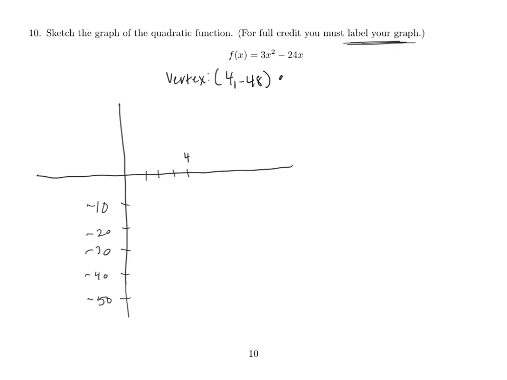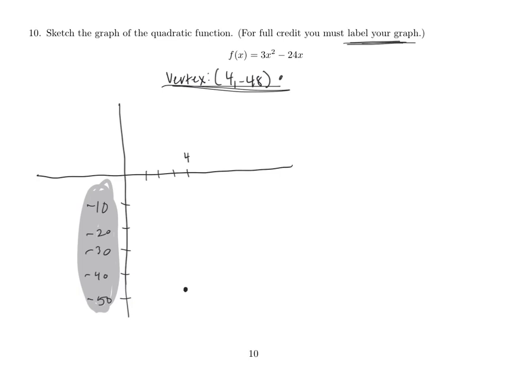So I'm just going to label these dashes, and then I'm going to put the dot here. I assume that you're going to have it at negative 48, so that's perfect. If you didn't include the numbers right here, then I wouldn't have a clue what scale you were going by, so I would not be able to give you full credit. So make sure you label your hash marks so I can clearly see where your point is.